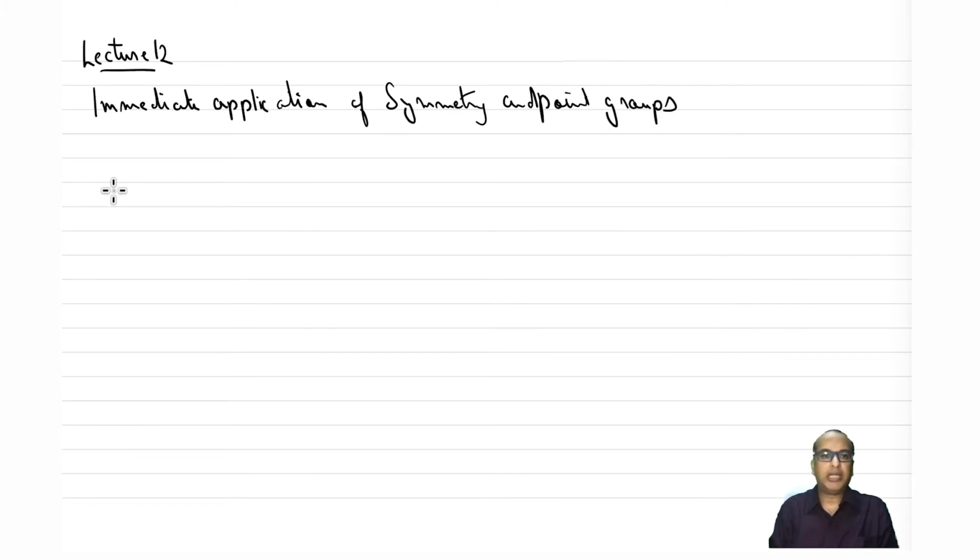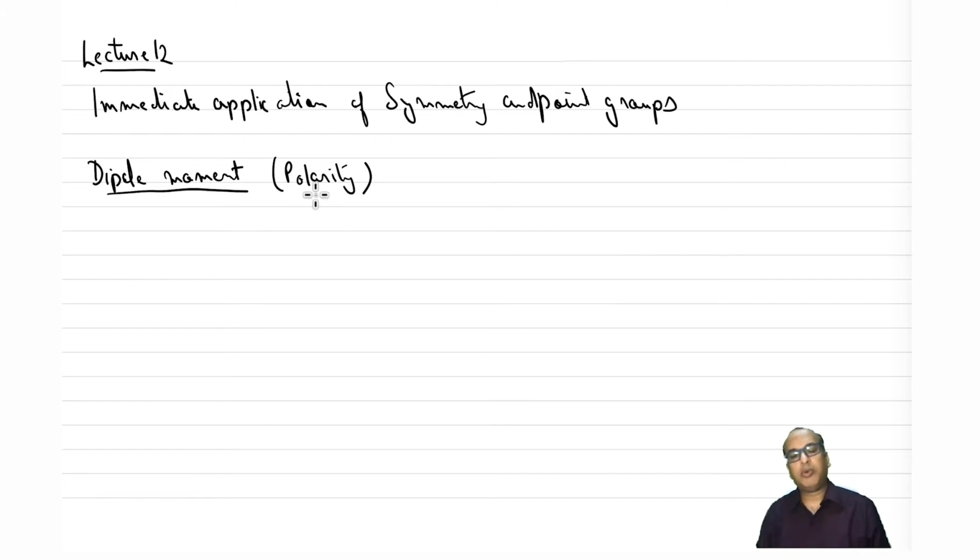So the first property that we can predict, or determine whether a molecule has that physical property or not, is dipole moment. We are all aware of what dipole moment is. Dipole moment, or polarity, whether a molecule is polar or non-polar, depends on whether a molecule has a dipole moment or not.